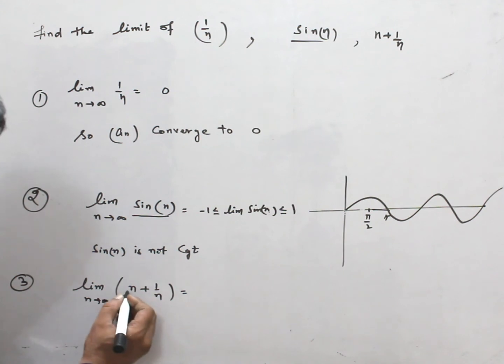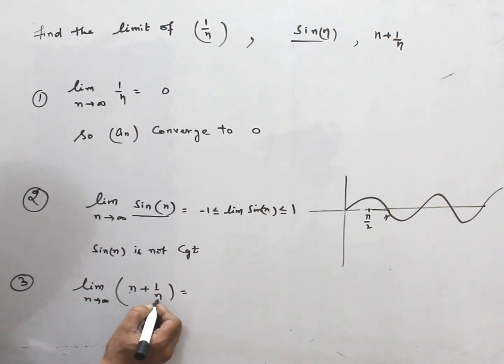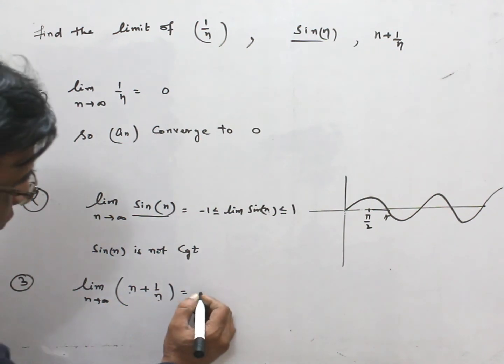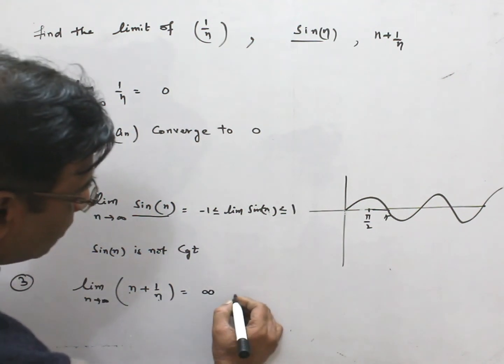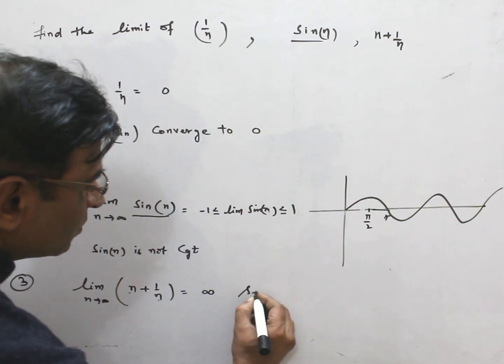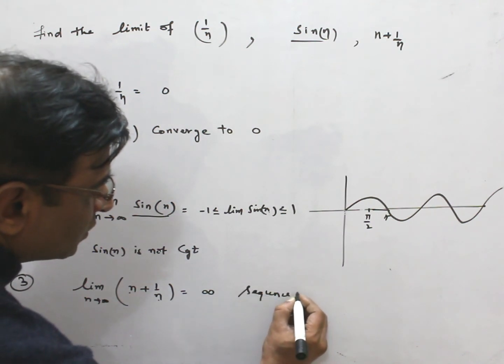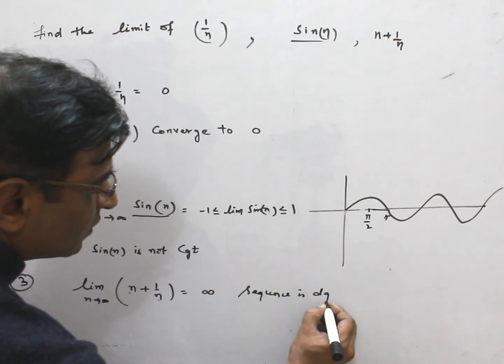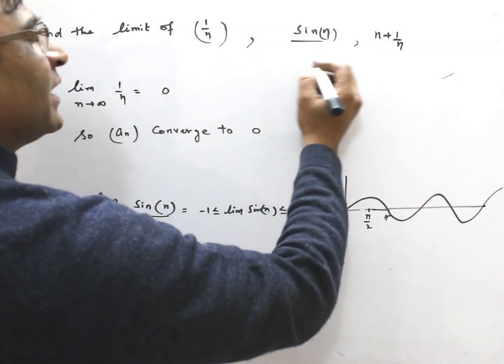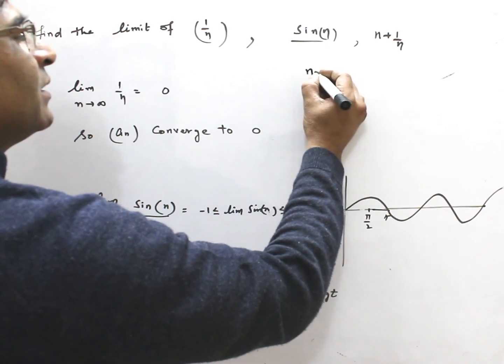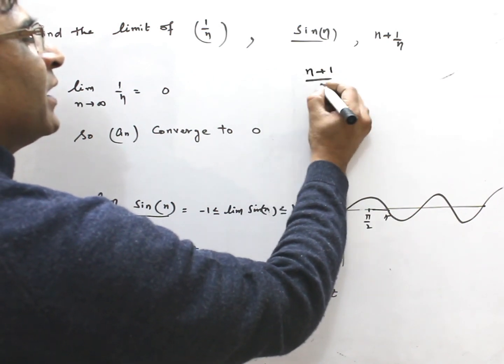What happens? This becomes infinity and this becomes 0. So this is finally infinity. So the sequence is divergent.